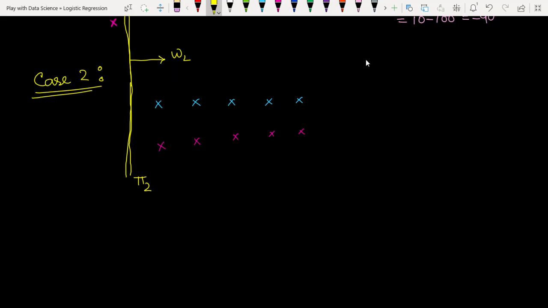So for case 2 our plane is pi 2, and for this pi 2 we have the normal w2 in this direction.